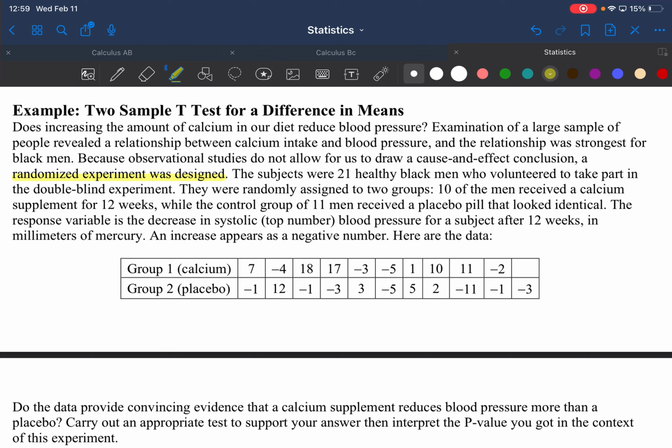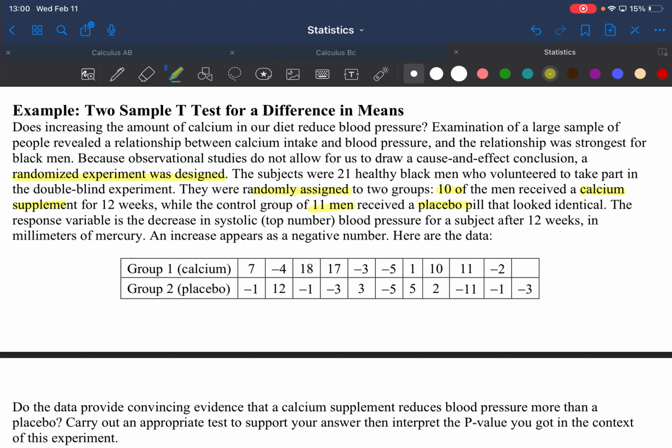Okay, so for communication, our first thing is to always define our parameter. Okay, so since we're doing a mean, so a test for mean, our parameter is mu. And since we have two of them, instead of labeling mu1 and mu2, let's go ahead and call it mu c and mu p, right? Mu c for the calcium supplement and mu p for the placebo.